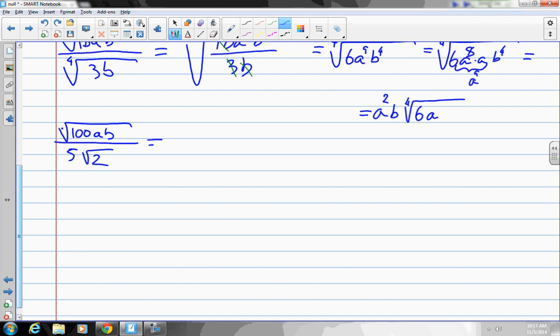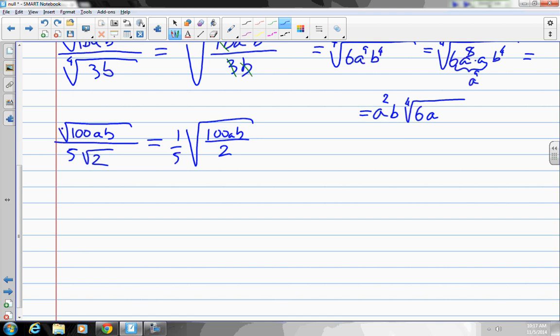Yeah, we can do like we did the last problem. That 5 doesn't go anywhere, so I kind of have 5. It's kind of weird, but I have a square root of 100ab over 2, and then I still have kind of 1/5 on the side.